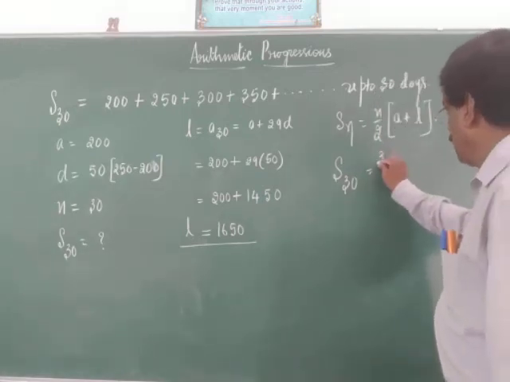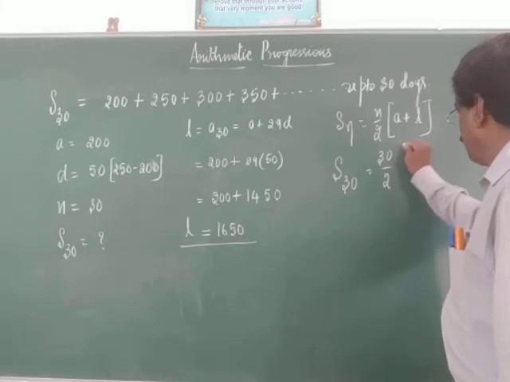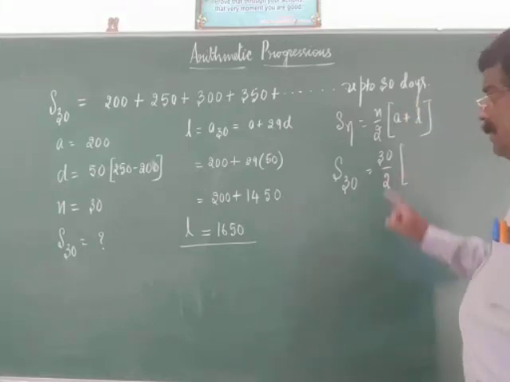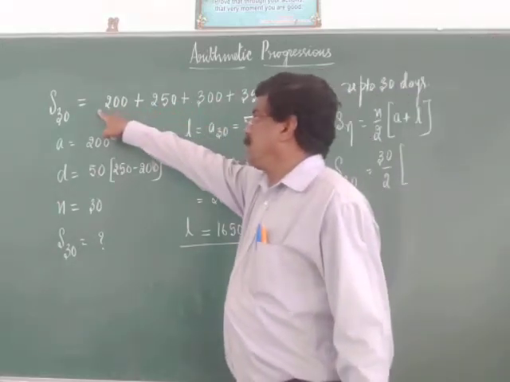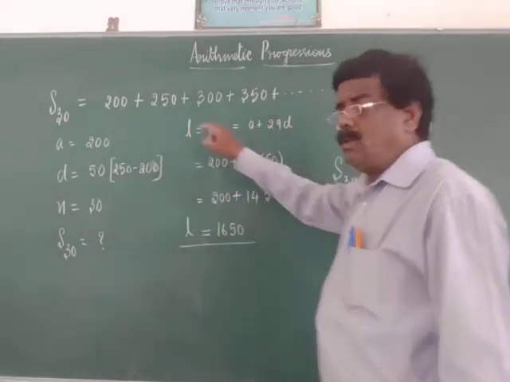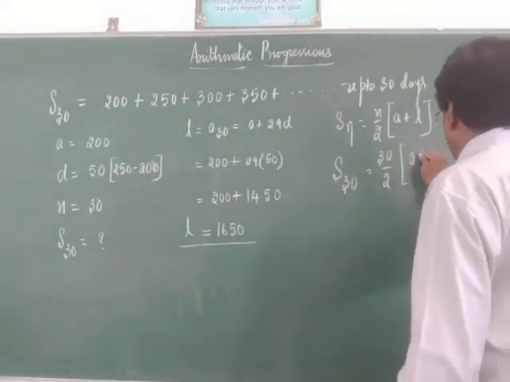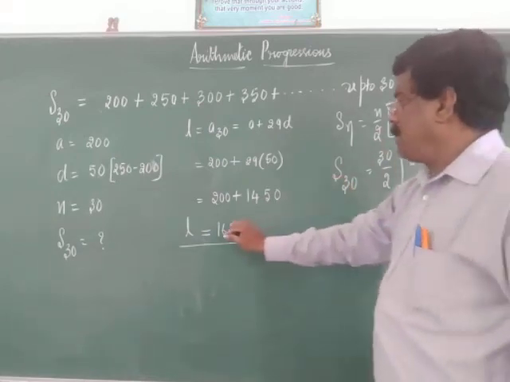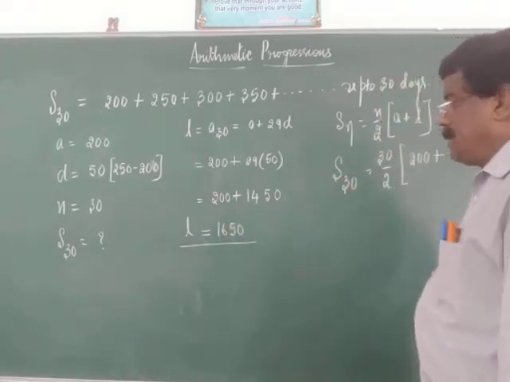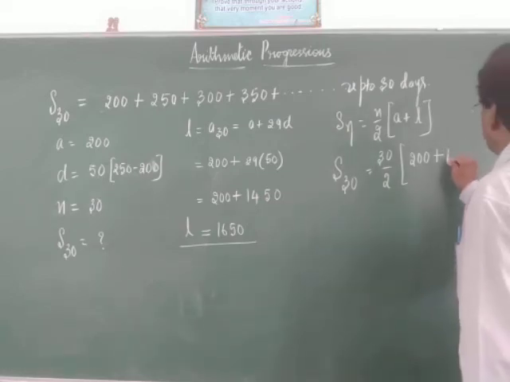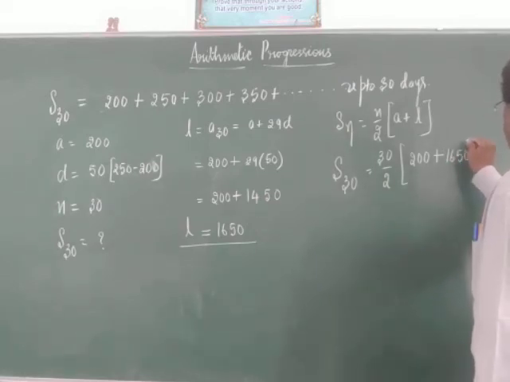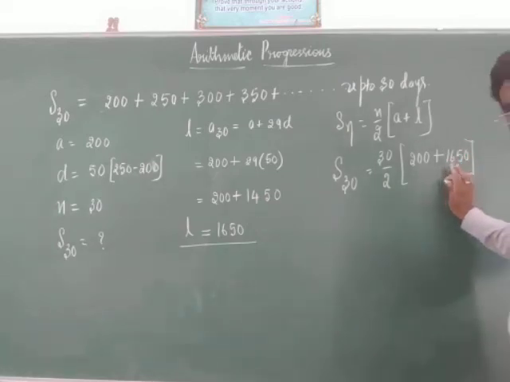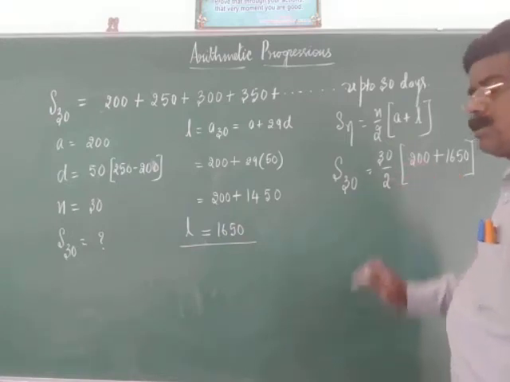So it is 30 by 2 bracket a plus l. A means the first term, it is given here 200. Plus the last term, which we just found, it is 1650. So 1650 plus 200 should be added.